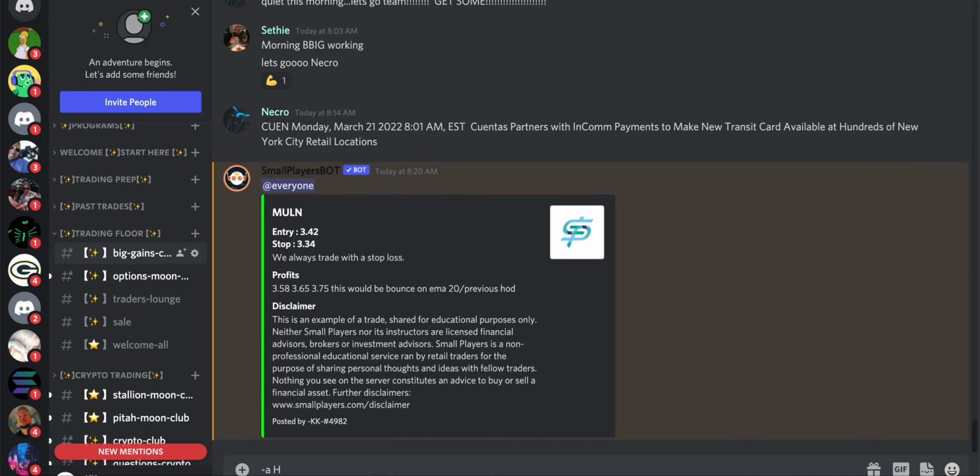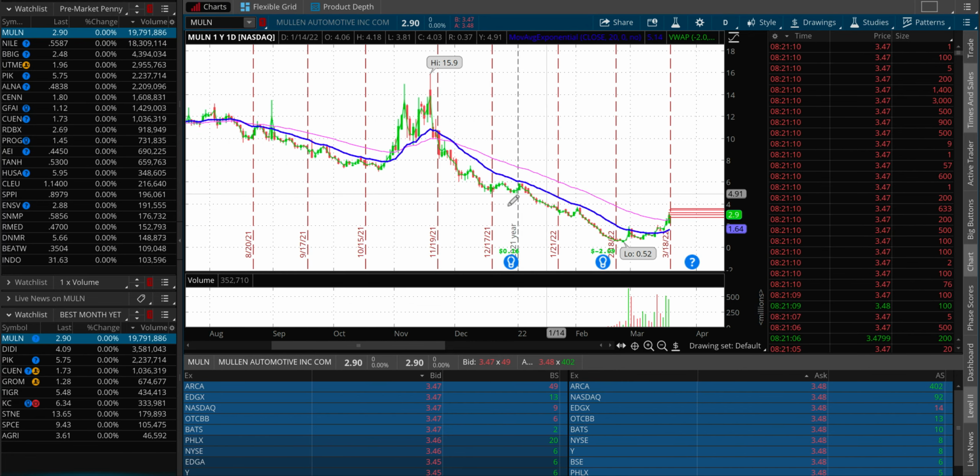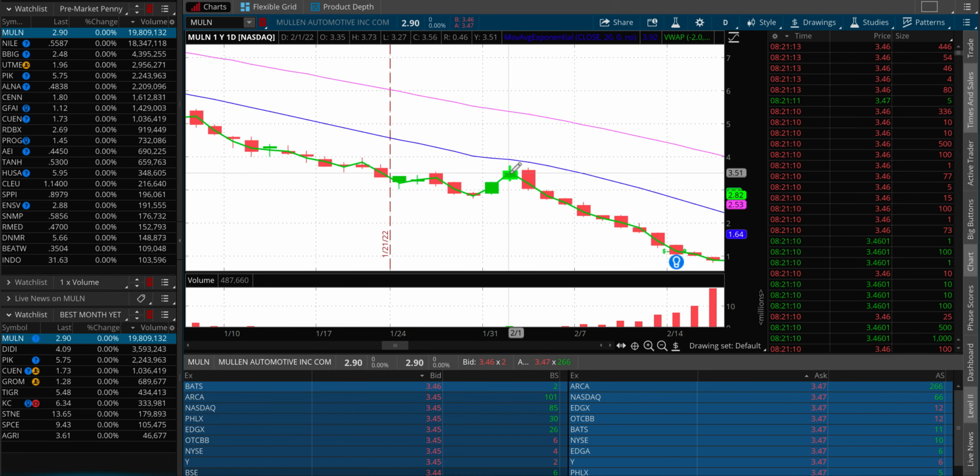The other trade plan is entry on 3.59. We can do 3.49 there as a stop. And then let's see the daily chart. What is the high here? 3.73.